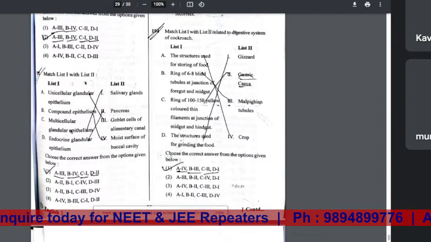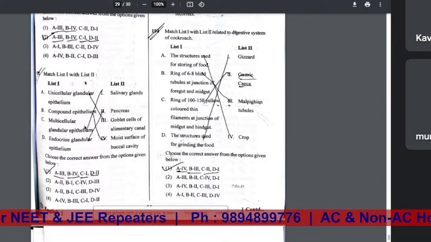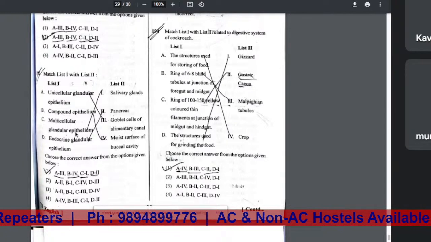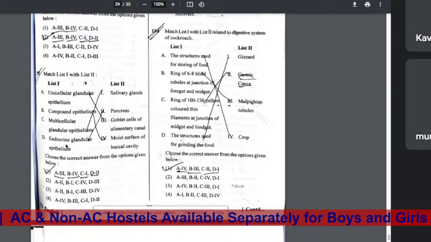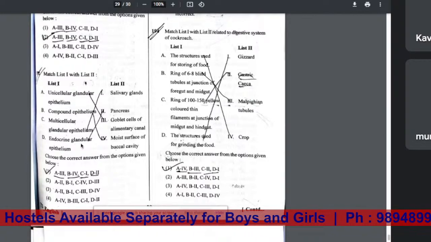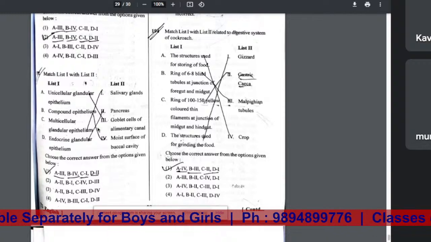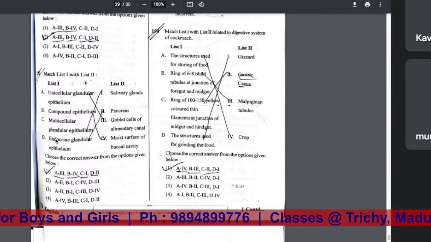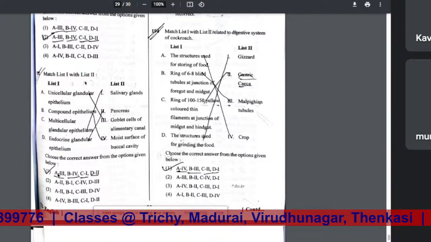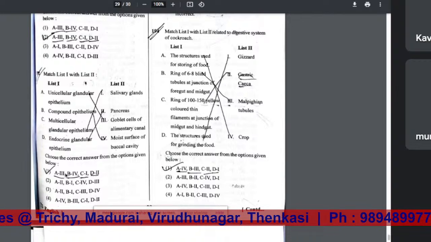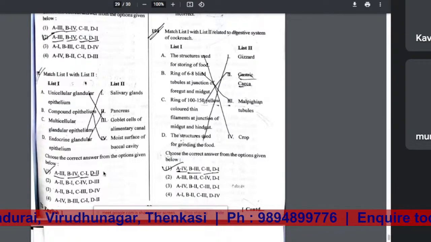Multicellular glandular epithelium is found in the salivary glands. You see the word gland, so that gives a connection. And the endocrine glandular one happens to be the pancreas. So the correct answer for 192 is the first option.